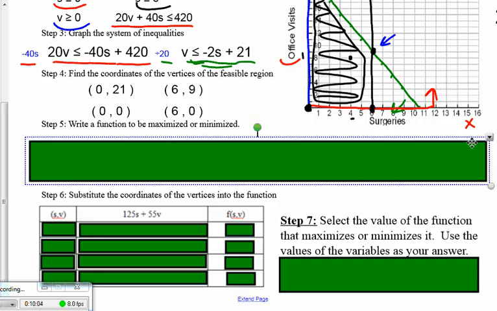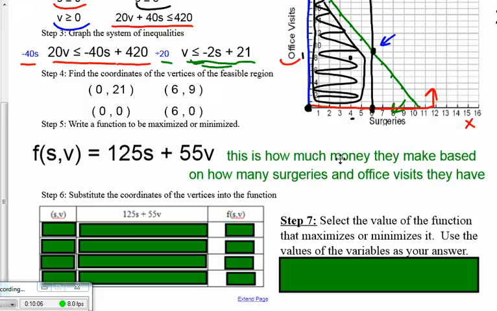So the function that we are going to create from this is our function of surgeries and visits equals 125 times S plus 55 times V. This right here is the amount of money that we're going to make based on how many surgeries and visits we have. What do we do with that number of surgeries? We multiply it by 125.